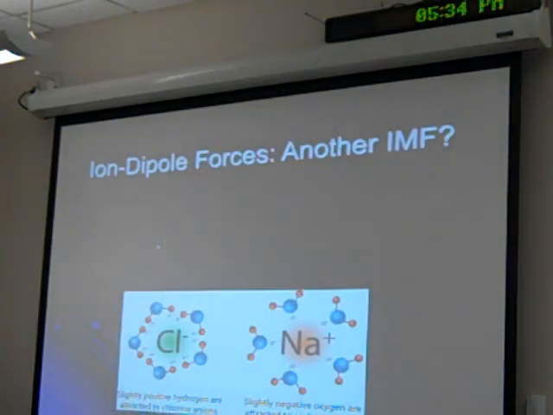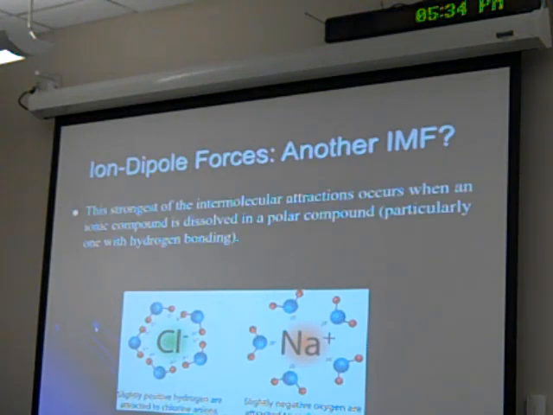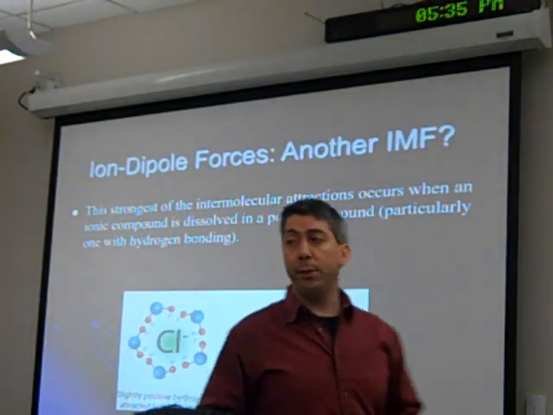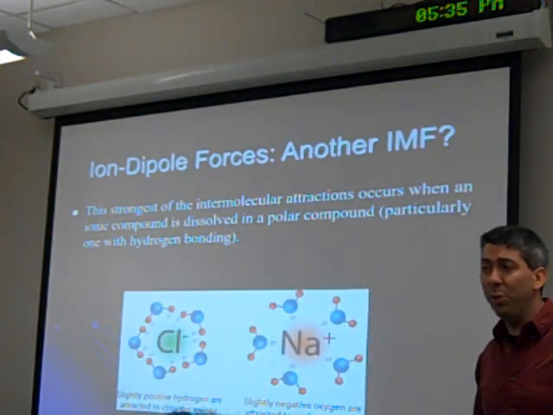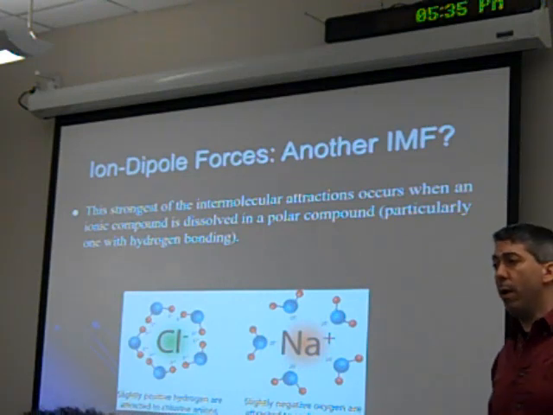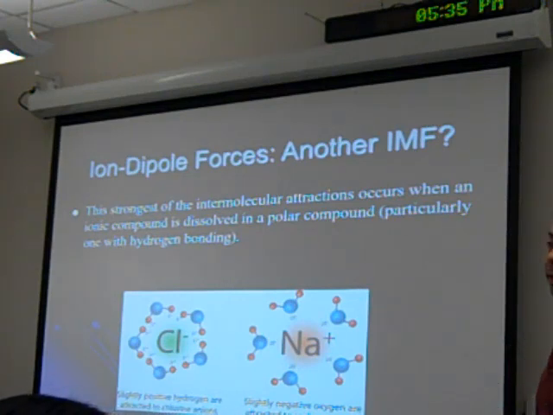So now ion dipole forces are interesting. They are the strongest of the intermolecular attractions. Really the only time you have ion dipole forces is when you have ionic substances dissolved in a polar solvent, and usually a polar solvent with hydrogen bonding. So water, alcohol, something like that.